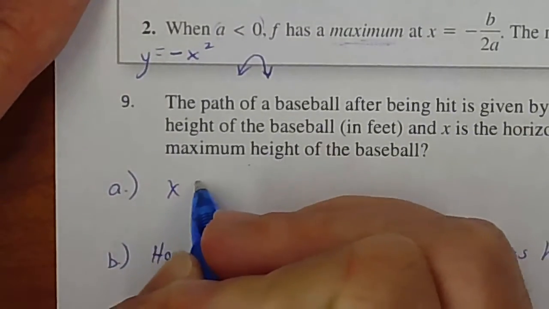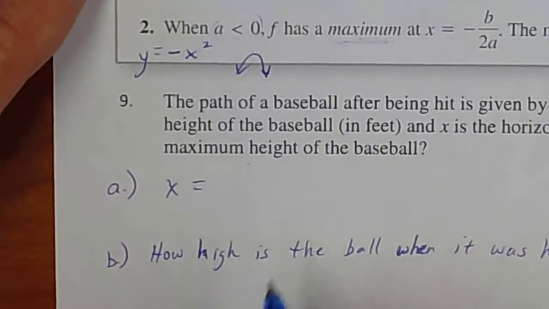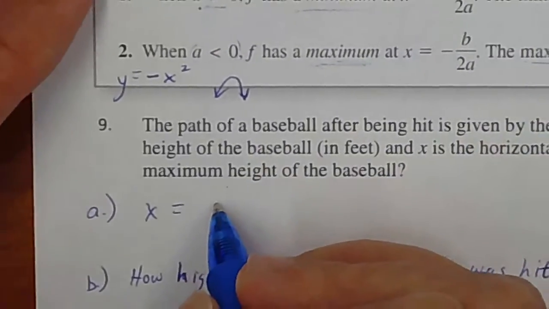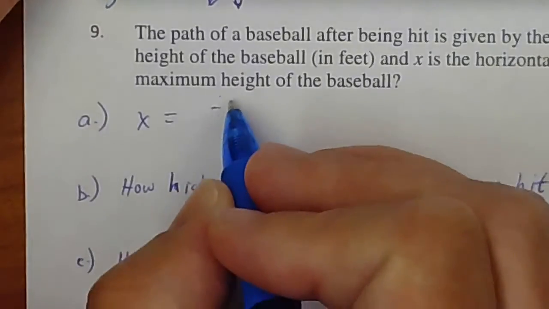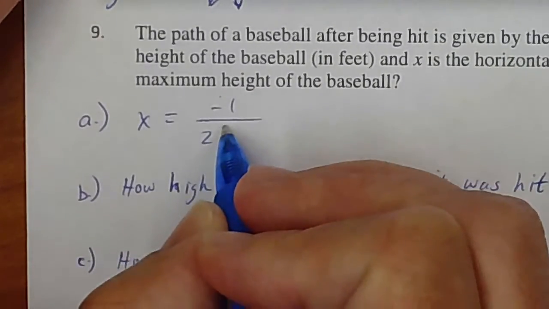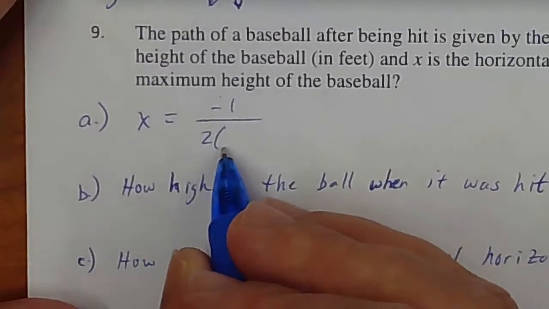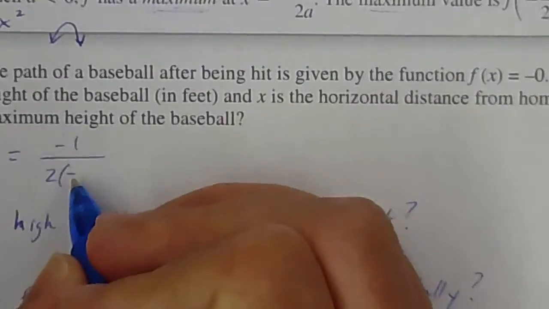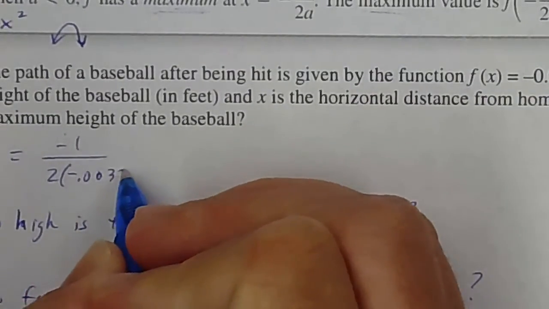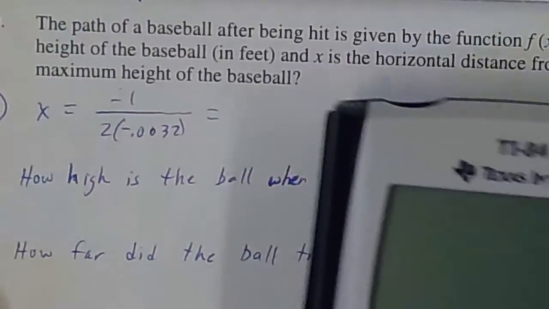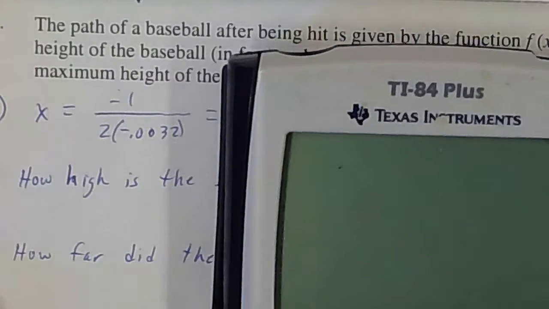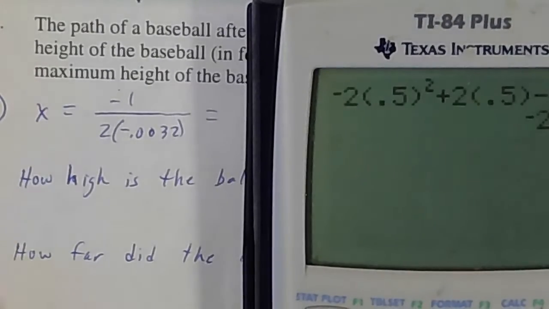X equals the opposite of B over 2A. So my B value is 1, right? So negative 1 over 2 times A. A is negative 0.0032. Okay, punching this in the calculator. Maybe you want to try it just to make sure you know how to do it right.